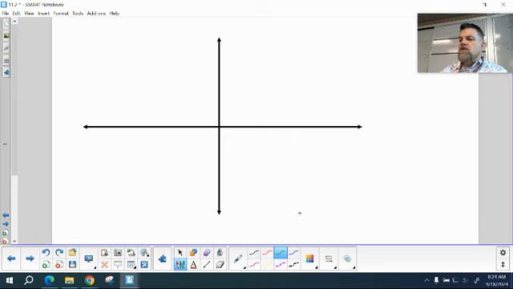When we go to label this graph, though, I want to point out a couple of things. This is the positive x direction, and this is the negative x direction. This is the positive y direction, and this is the negative y direction.